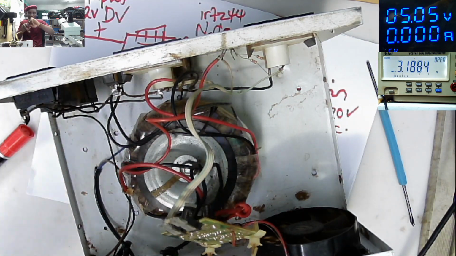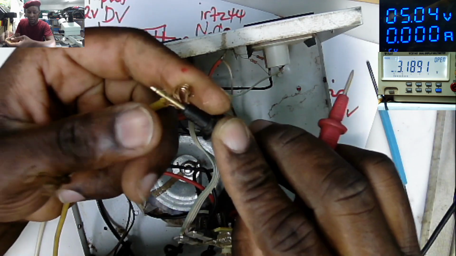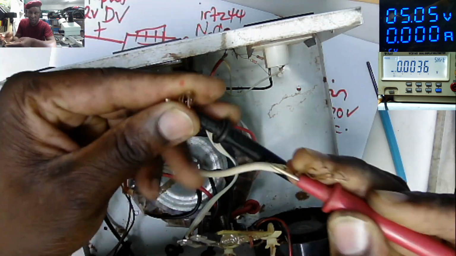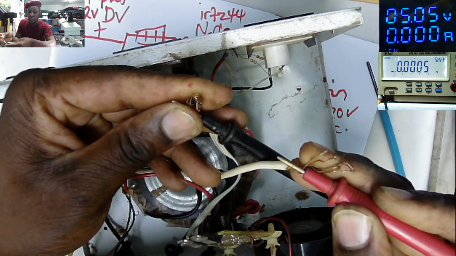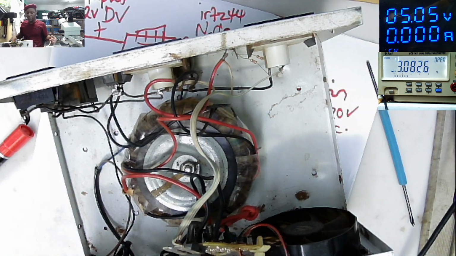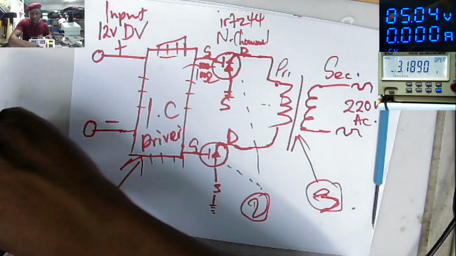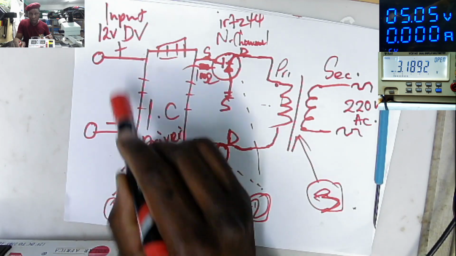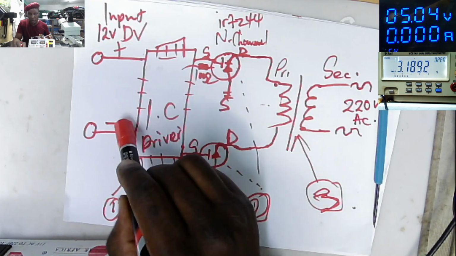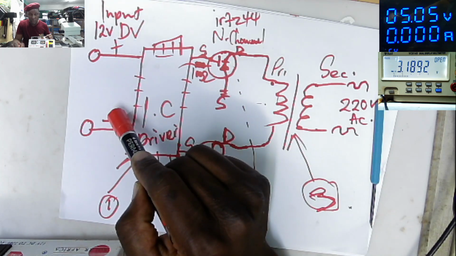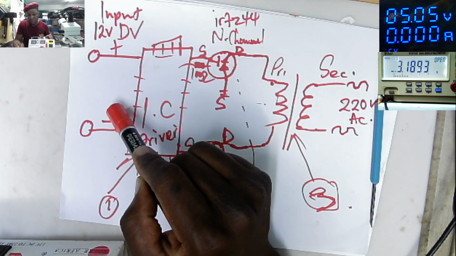Even if I go to the wires here, that's the minus and plus, you see. So we have a short here on the input, on the 12 volts input DC section. We have a short here.